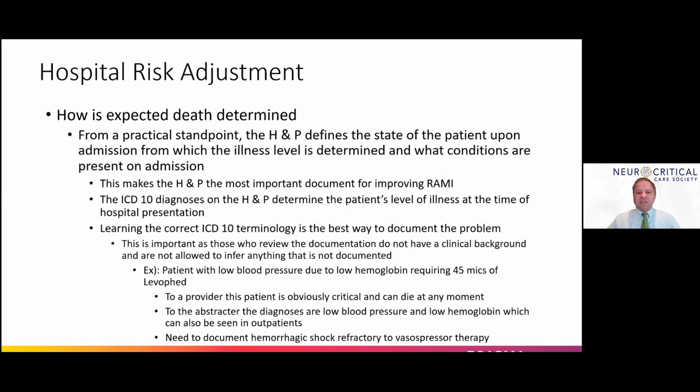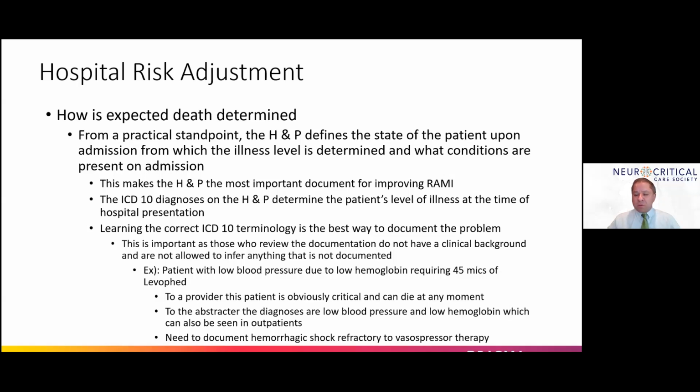The ICD-10 diagnoses on the H&P determine the patient's level of illness at the time of hospital presentation. Learning the correct ICD-10 terminology is the best way to document the problem. This is important as those who review the documentation do not have a clinical background and are not allowed to infer anything that is not documented.